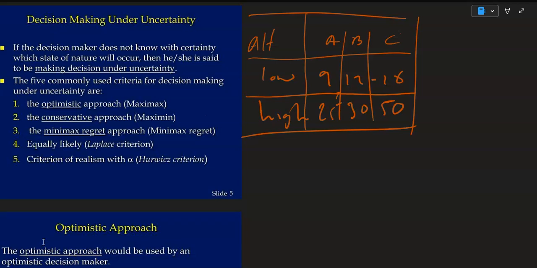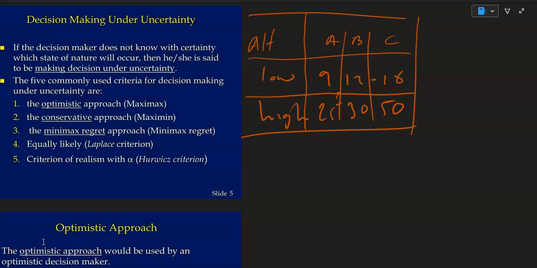Okay, so what do we do? The first step is to calculate the average of each alternative. Calculate the average of each alternative, then compare them. You get the higher of their averages. Okay, alternative A, the average.